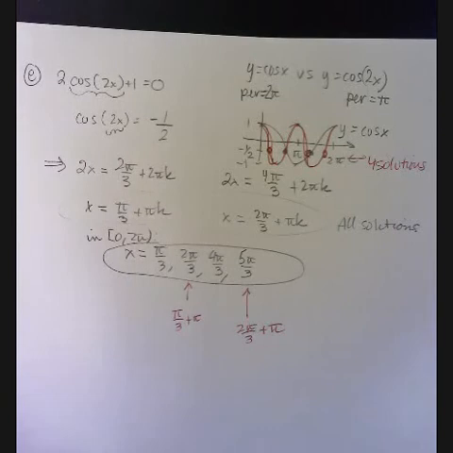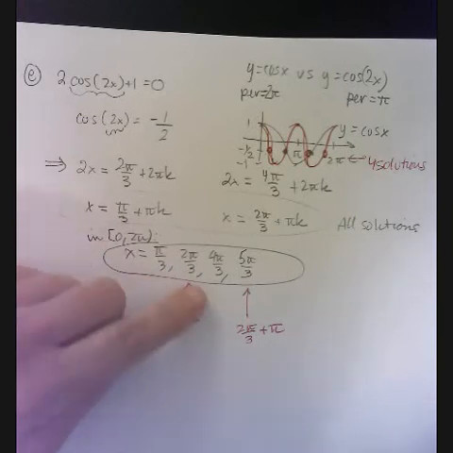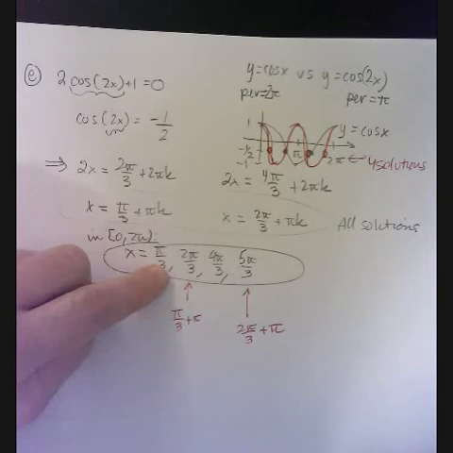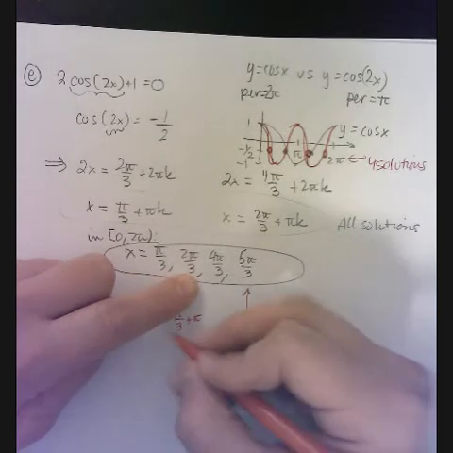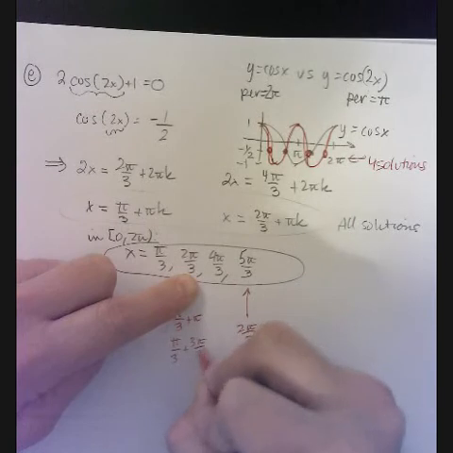And if you keep adding, I should point out here, this is our pi over 3. This is pi over 3 plus pi. Pi is 3 pi over 3, right? So that gives us a 4 pi over 3. That's that one.